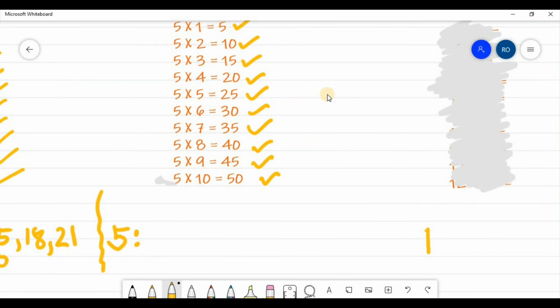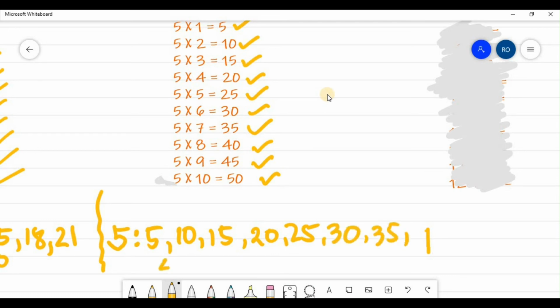So the multiples of 5 are 5, 10, 15, 20, 25, 30, 35, 40, 45, and 50. So these are the multiples of 5. By the way, it is just like we are doing a skip counting process.